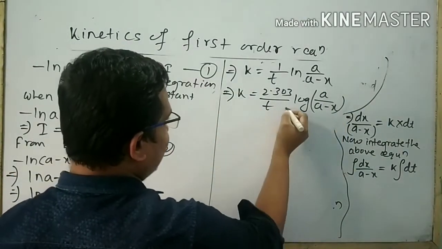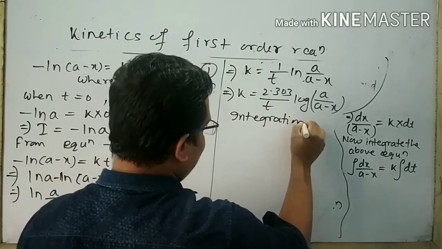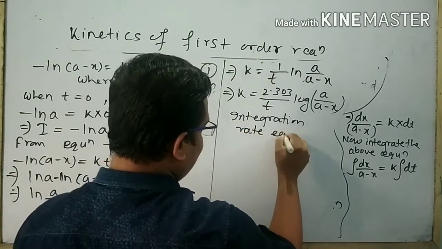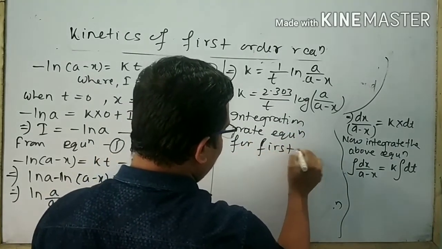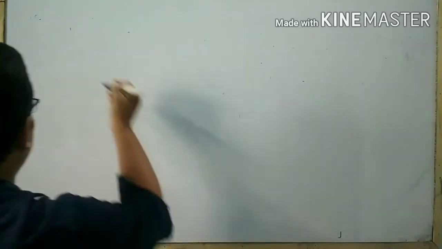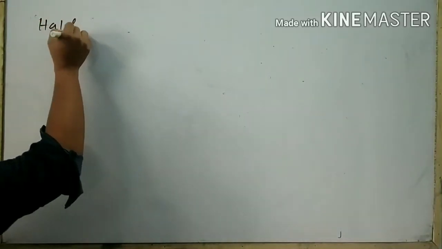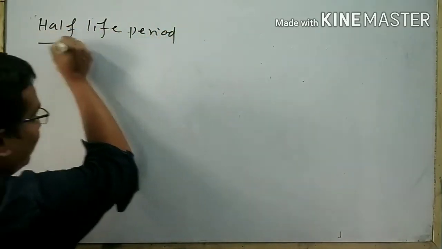This equation is called the integrated rate equation for first order reaction. Now I will discuss the half-life period for first order reaction.